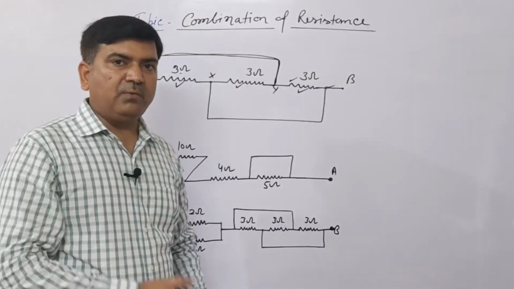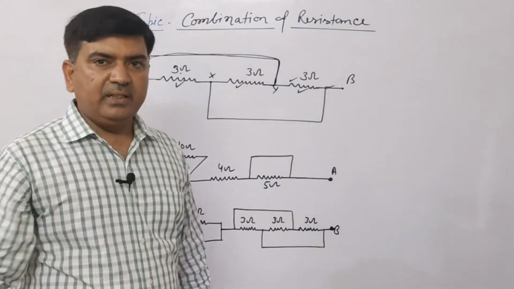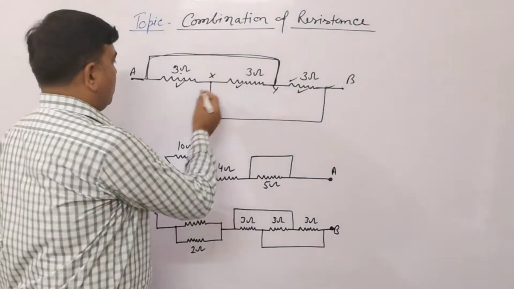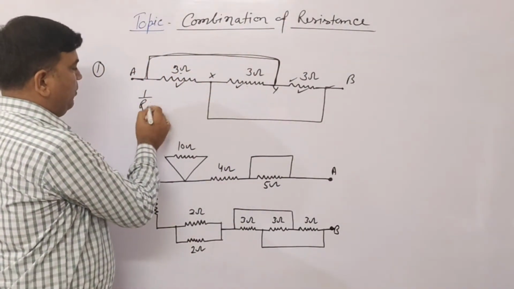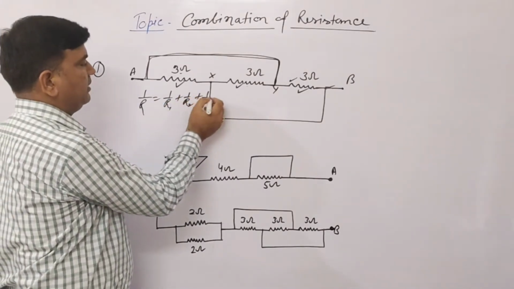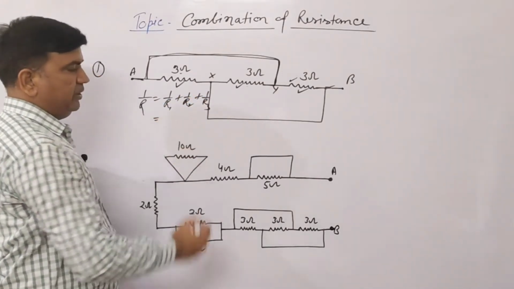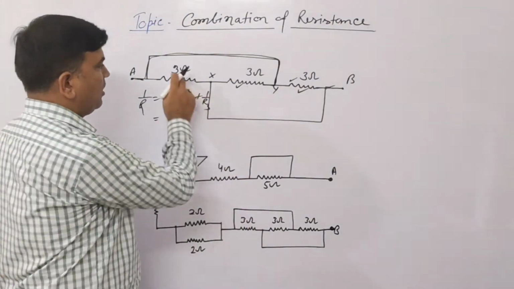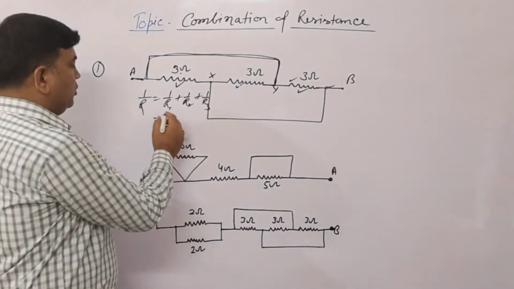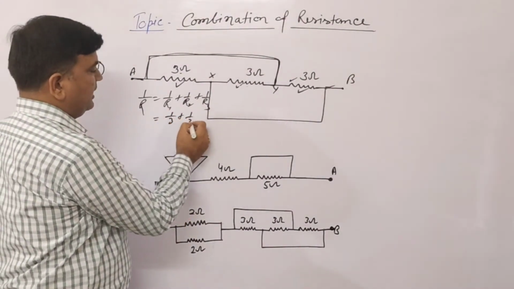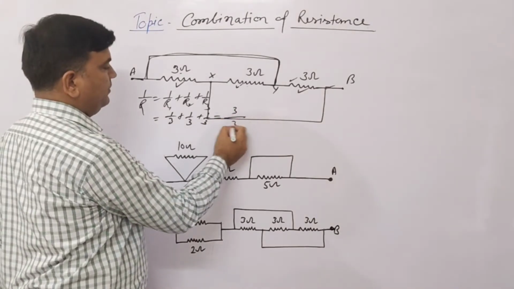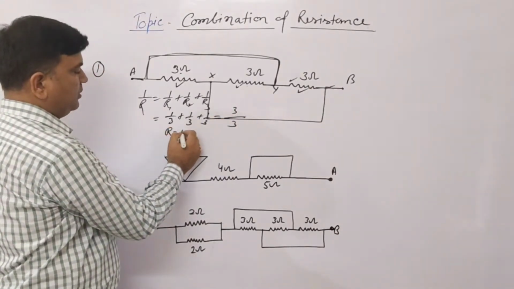Everyone knows the formula of the parallel combination, which was already explained in the previous lecture. The formula is 1 by R equals 1 by R1 plus 1 by R2 plus 1 by R3. Using this formula, put in the values of R1, R2 and R3; all the given resistances are equal. So 1 by 3 plus 1 by 3 plus 1 by 3 equals 3 by 3, so the resistance becomes 1 ohm.